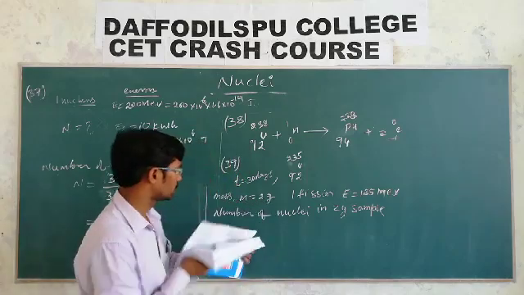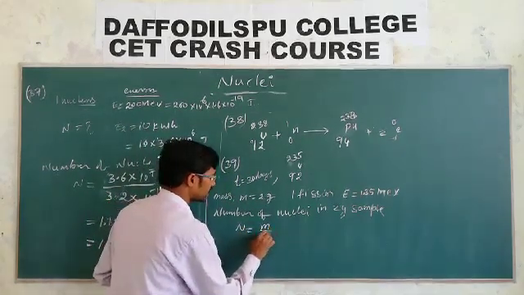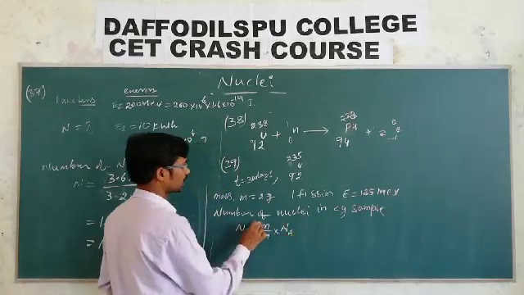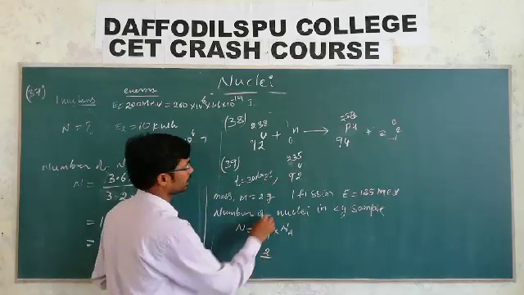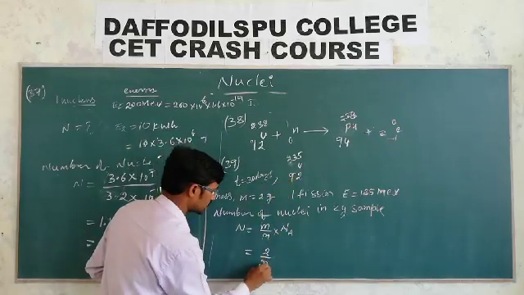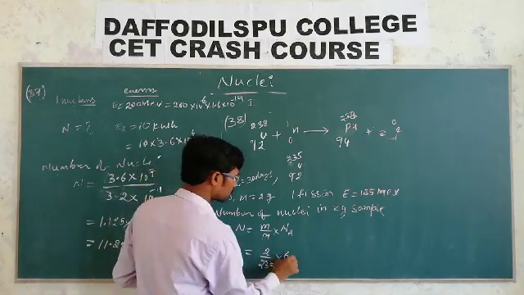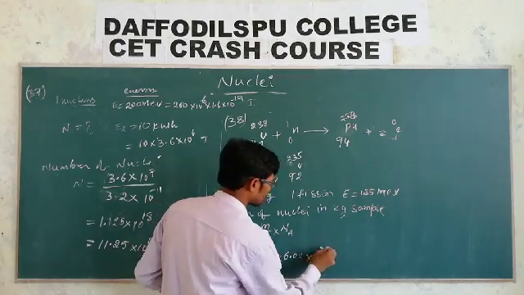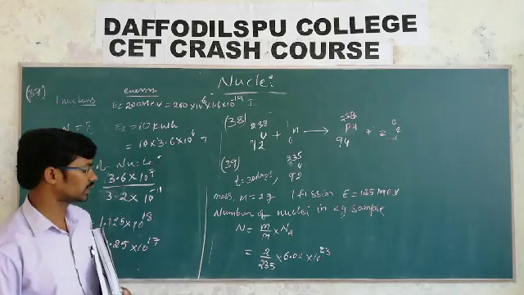That we need to find. So you need to remember N is equal to m by M into Na, Avogadro number. That is equal to, mass is 2 gram, 2 by 235 into Avogadro number 6.023 into 10 power 23.